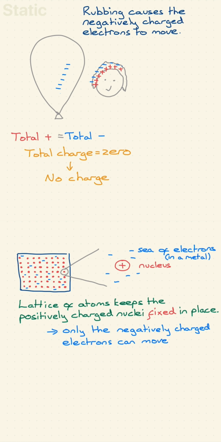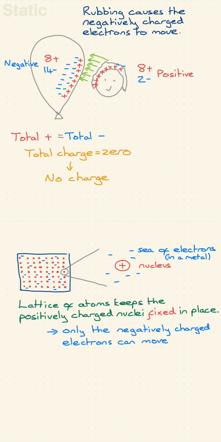The head used to have 8 positive charges and 8 negative charges, but now has 8 positive charges and 2 negative charges. It is positively charged. Meanwhile, the balloon used to have 8 positive charges and 8 negative charges, but now has 8 positive charges and 14 negative charges.